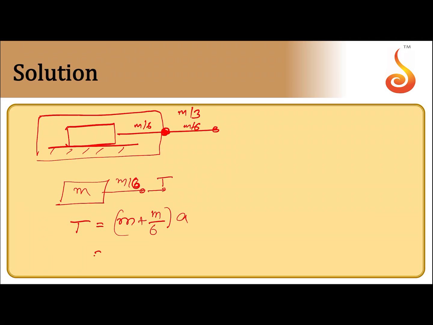That is nothing but 7m by 6 into acceleration. The acceleration has already been calculated as 3F divided by 4m, and upon simplification what do we get? m and m cancel, and it is nothing but 7 by 8 F. So the tension at the midpoint is equal to 7 by 8 F.